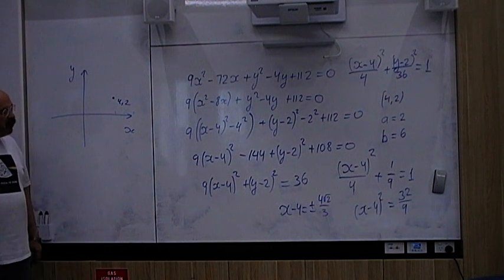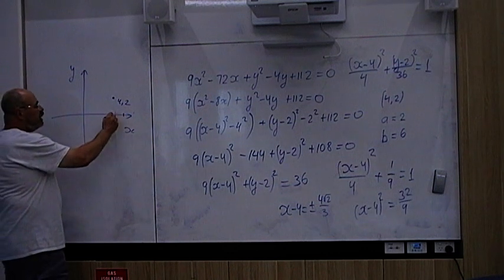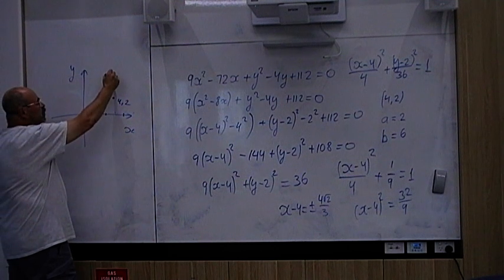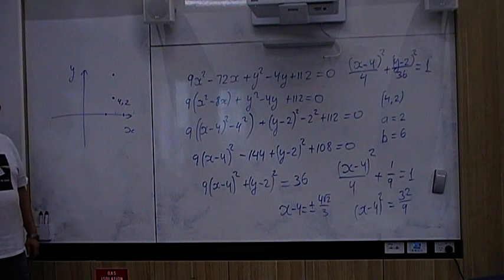So we have 4 plus 1.9 here, and 4 minus 1.9 there. What will be the highest point of the ellipse? 4, 8.